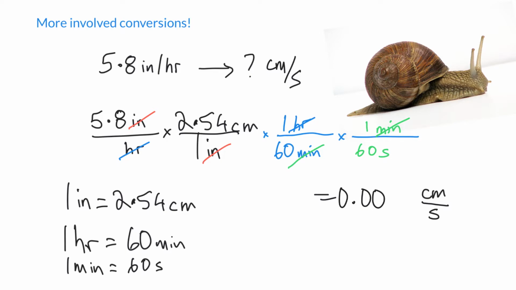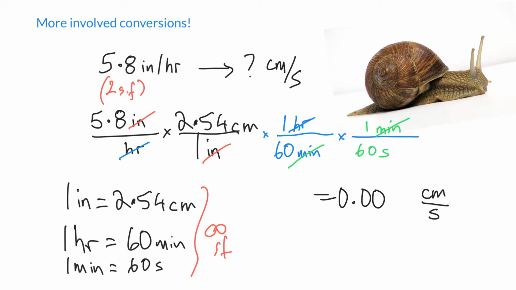0.00. Okay, so no significant figures yet. Leading zeros are never significant. How many do I have? 5.8 has 2 significant figures, and everything else is exact, so all of these down here have an infinite number of sig figs. If I'm multiplying or dividing, then I go by the worst number, so 2 would be my worst. So 0.00, nothing there.